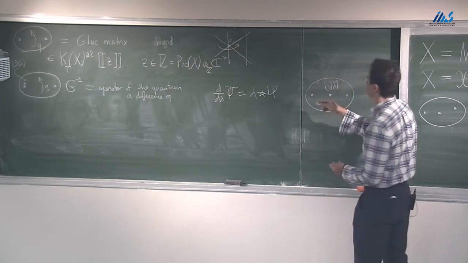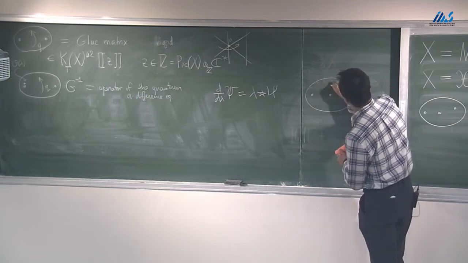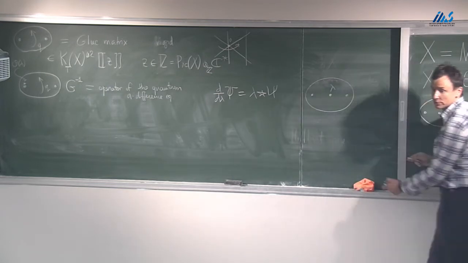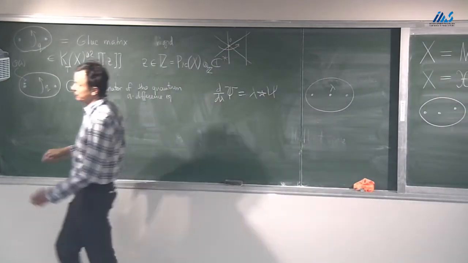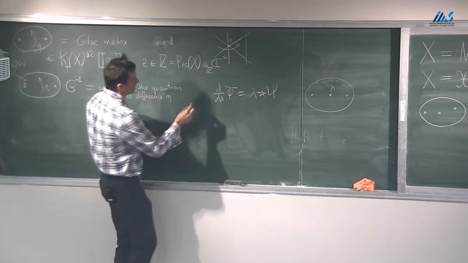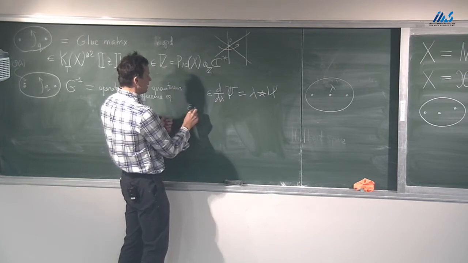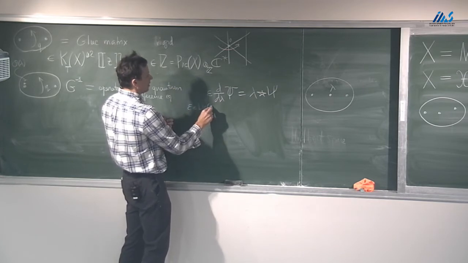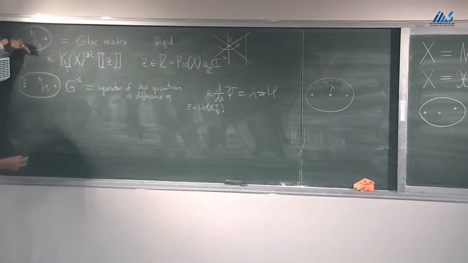So lambda is now an element in H2. And the point about this equation is that the cohomologically correct version is to put here epsilon, where epsilon is an element in the Lie algebra of C star Q. So this two-pointed curve has automorphisms, and epsilon is really the weight.